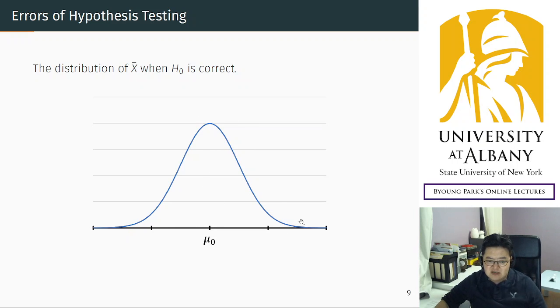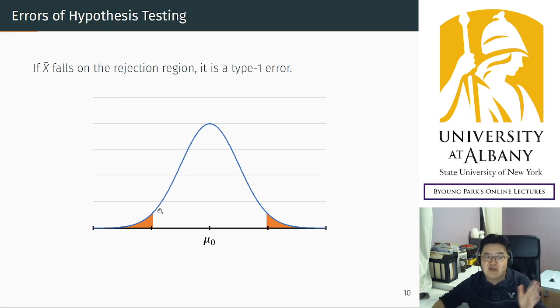But there is some probability on both tails that the sample average will be far away from your hypothesis. If that realizes, you are going to reject the null hypothesis because you don't know the truth.